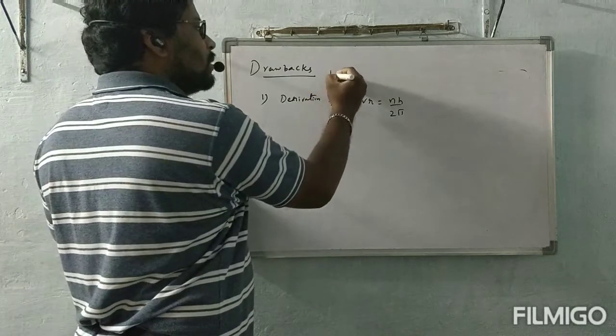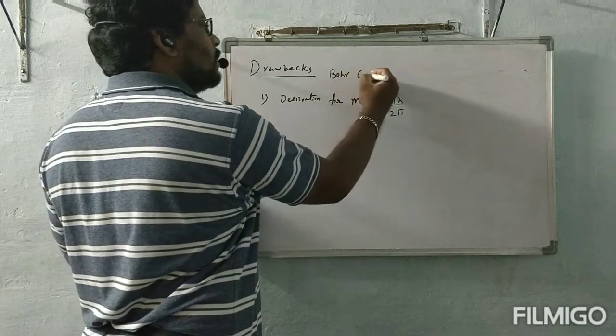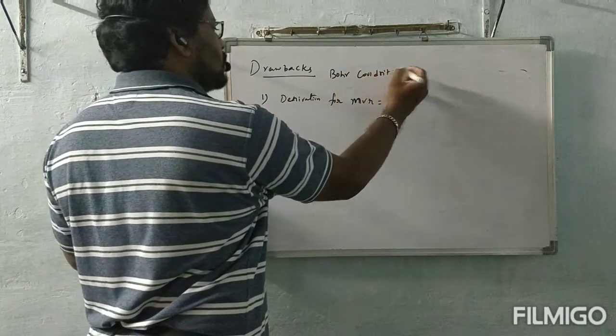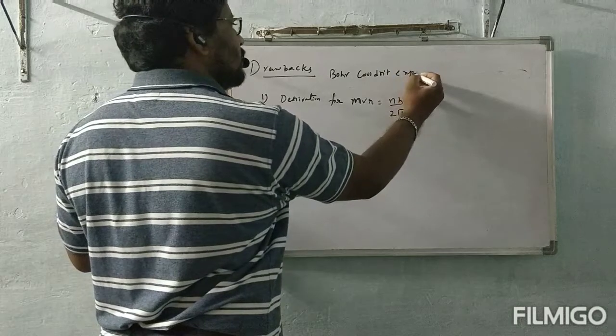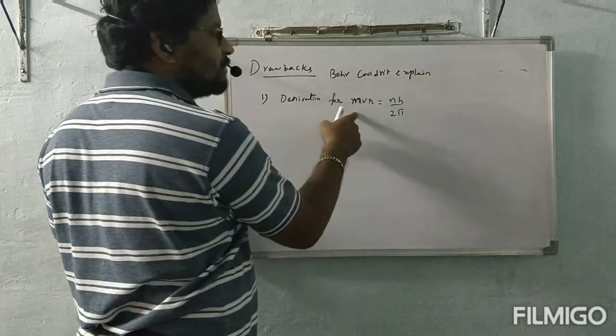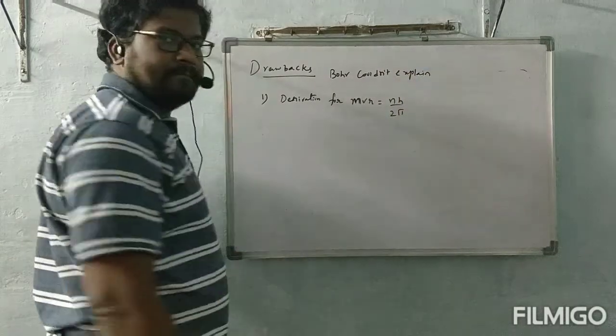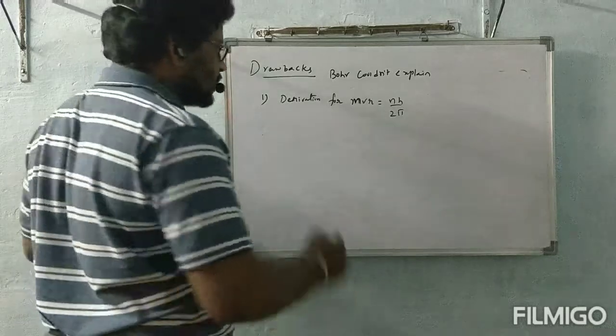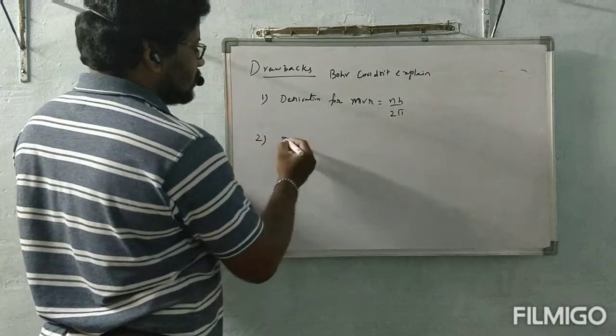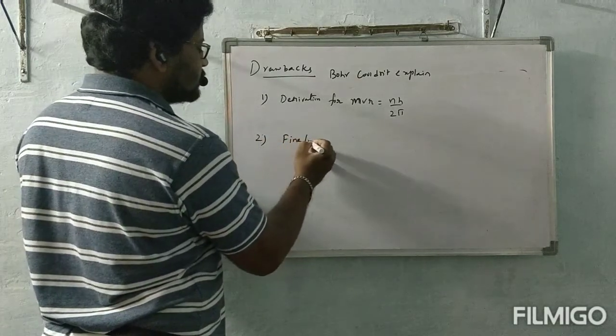So Niels Bohr couldn't explain derivation for MVR is equal to nh by 2 pi. This is first drawback. Second drawback, fine line spectrum of hydrogen.